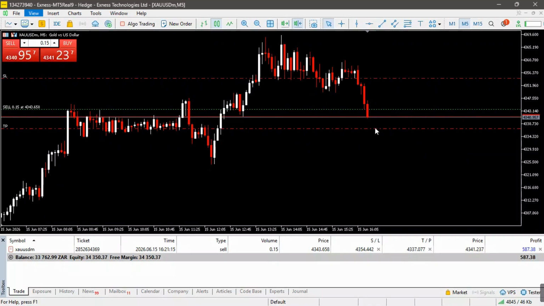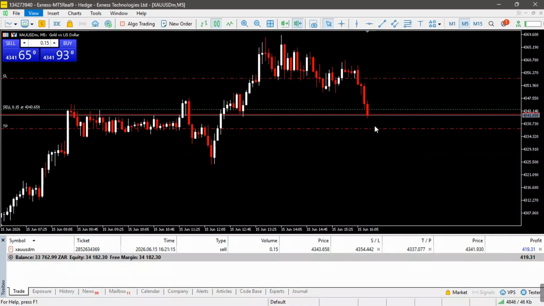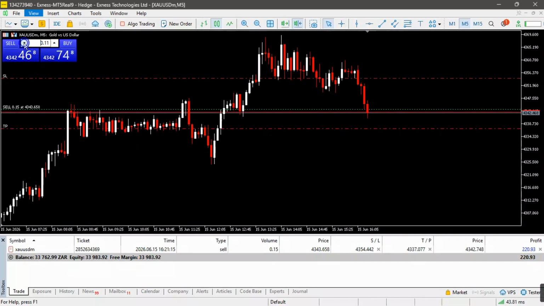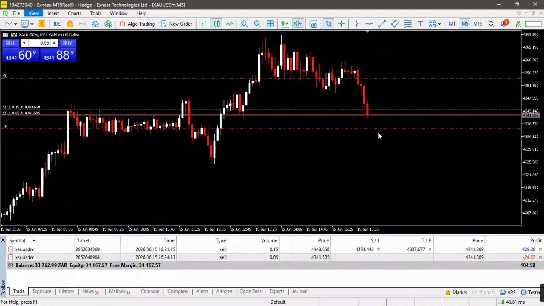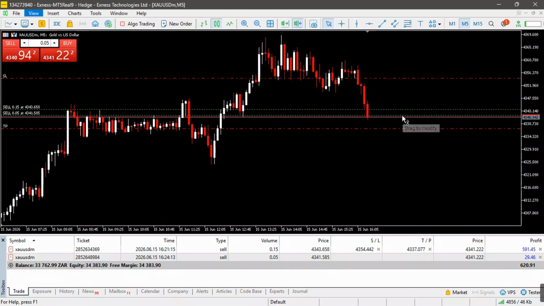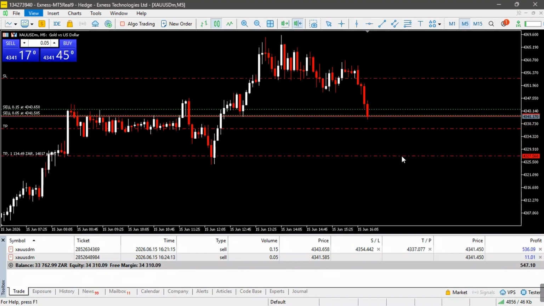Okay, so we are in profits. Okay, so our TP2 down here, TP1 and TP2. Let's enter another, let's use 0.05 here at 324.